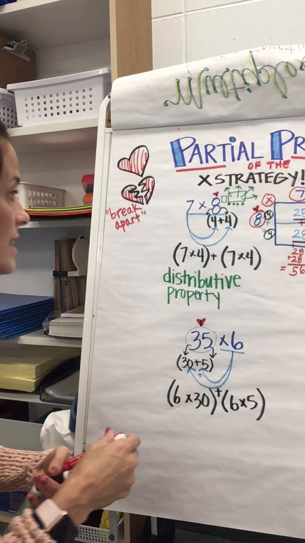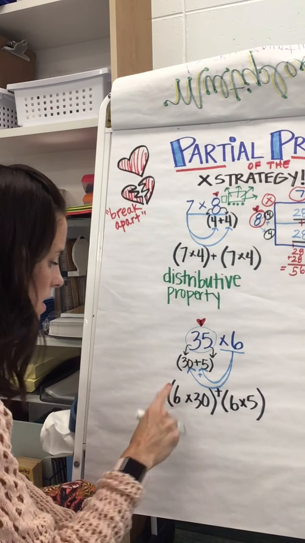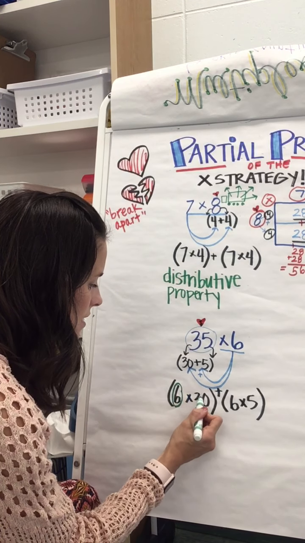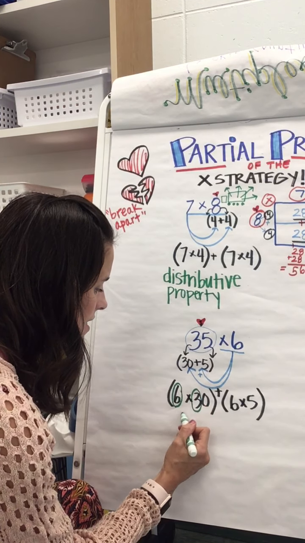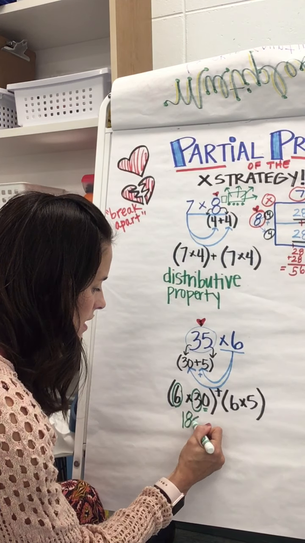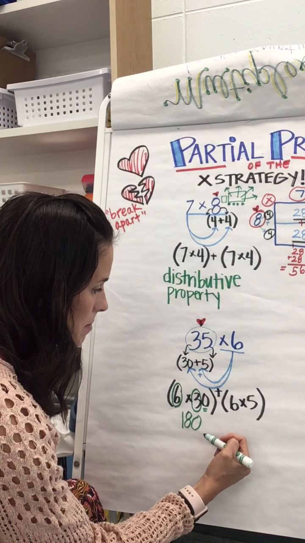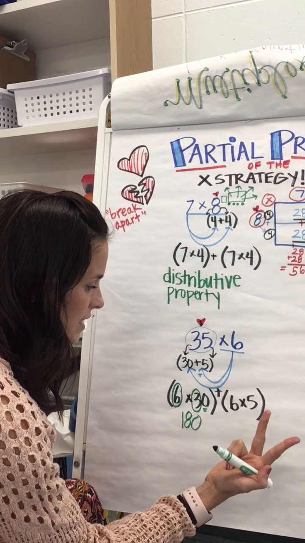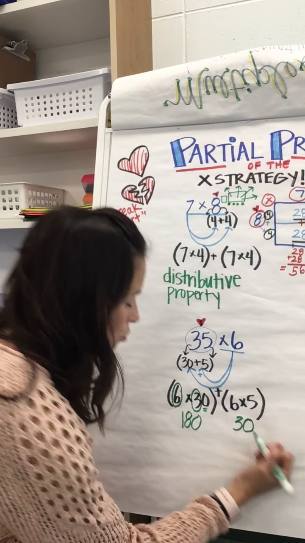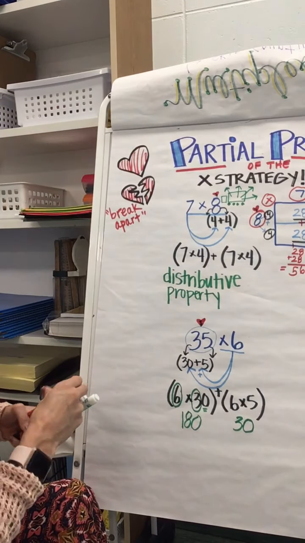Now we can use basic facts. So 6 times 30. 6 times 3 is 18 with a 0. 6 times 5, okay, I'm thinking of my basic facts. 6, 12, 18, 24, 30. Okay, so that's 30. So right here, I have my partial products.